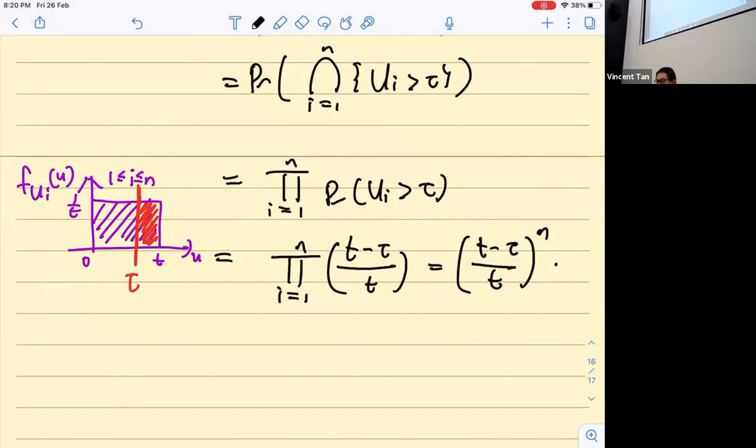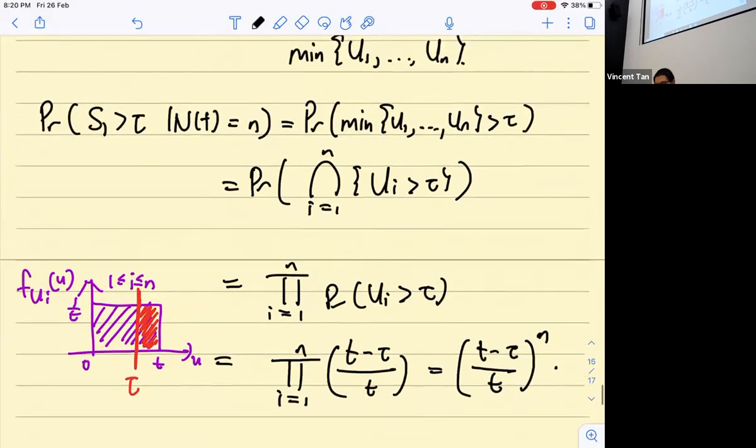So what do we use here? We use that the distribution of S1 is the same as the first order statistic, the minimum of U1 up to Un, where the U_i's are IID and uniform on 0 to t.